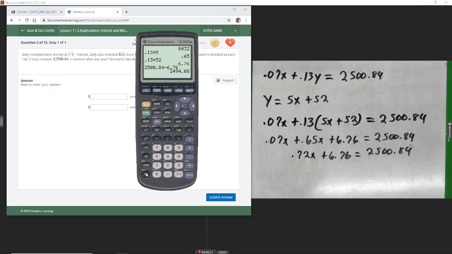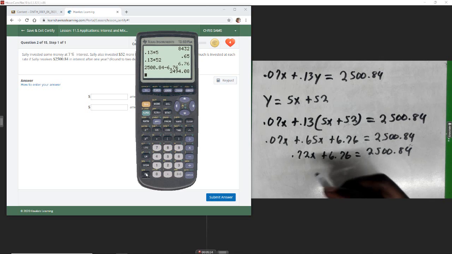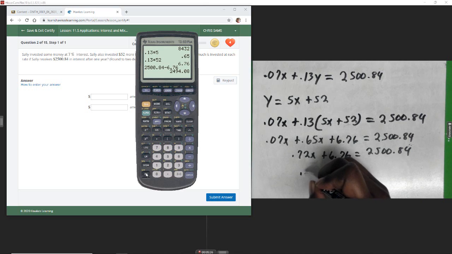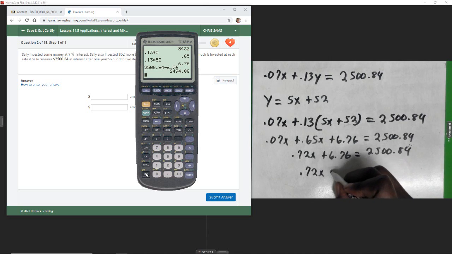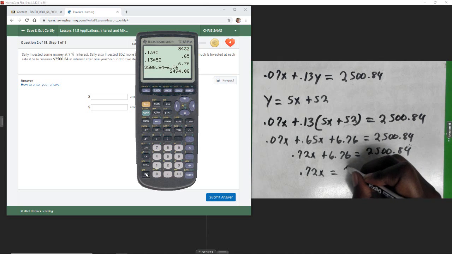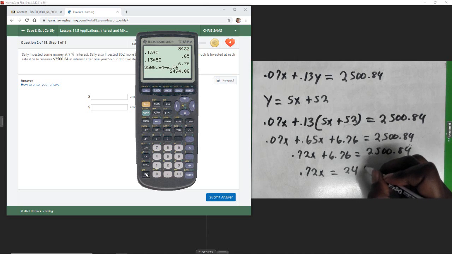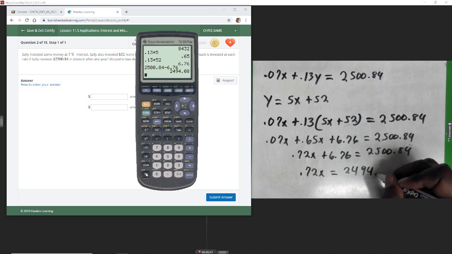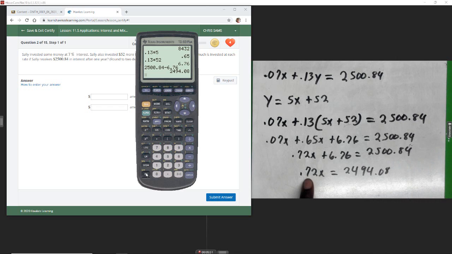And that gives us 2,577.24. Okay, so we get 0.72x equals 2,577.24. And then lastly, we're going to divide by 0.72.